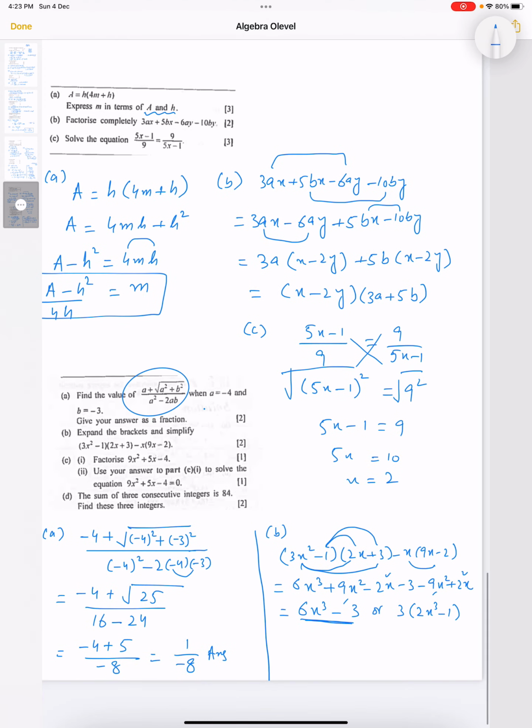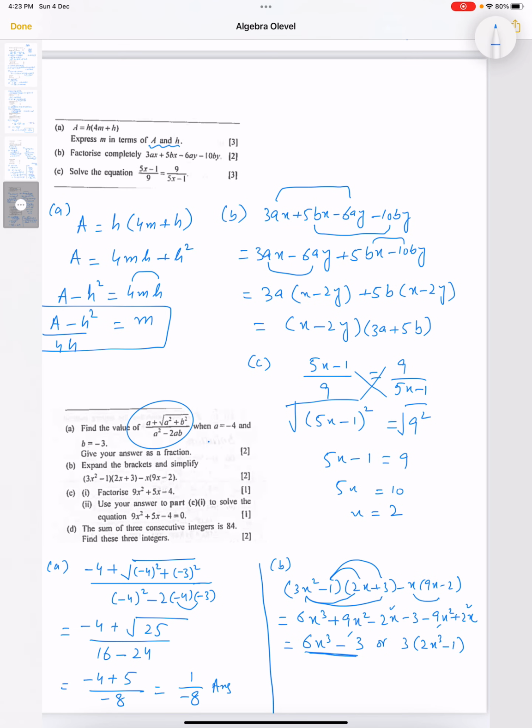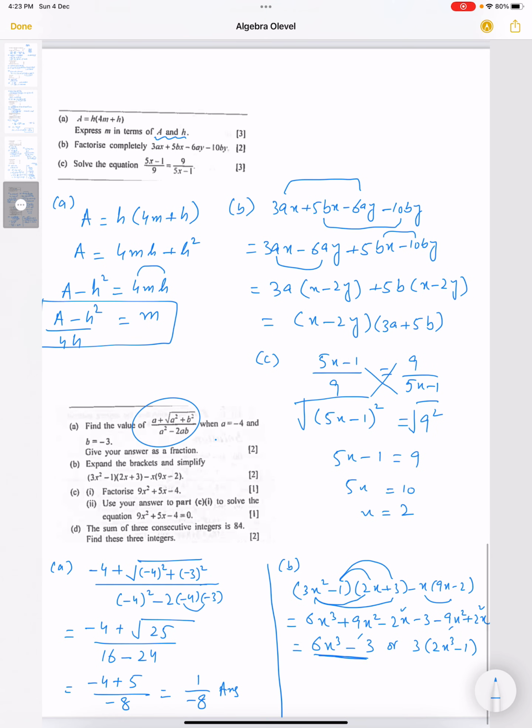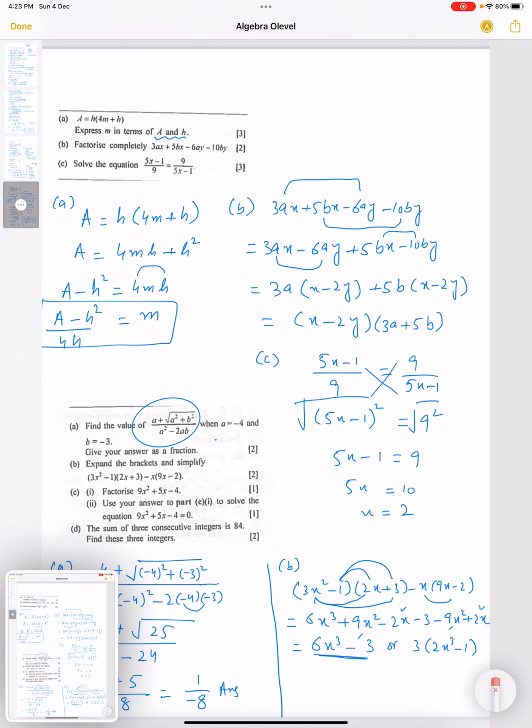Now C part. In order to do C part, let me erase the previous one.